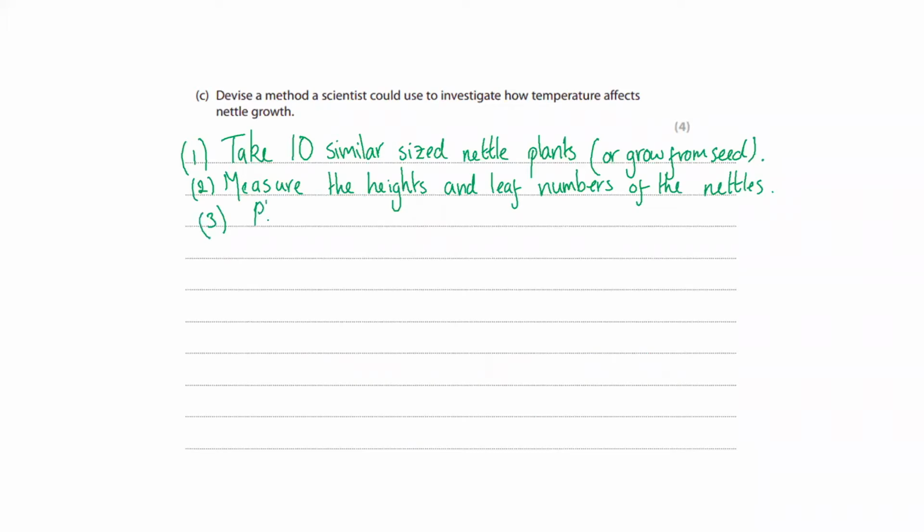Okay, 3. So place each nettle plant in a different temperature controlled environment.